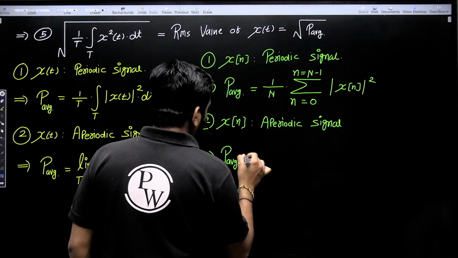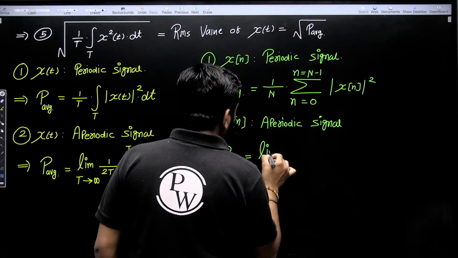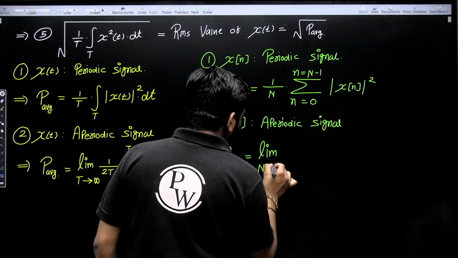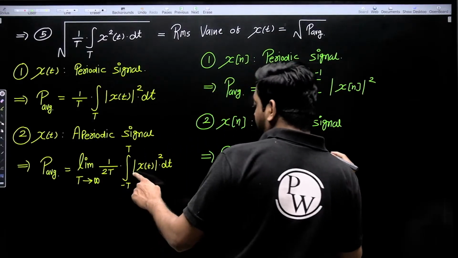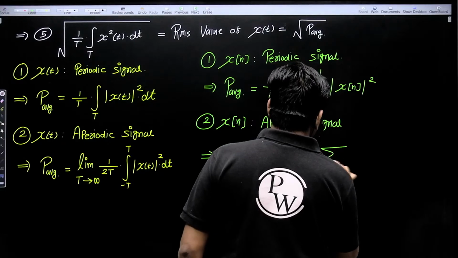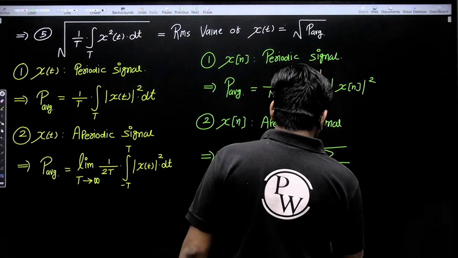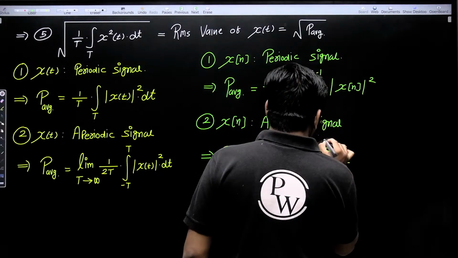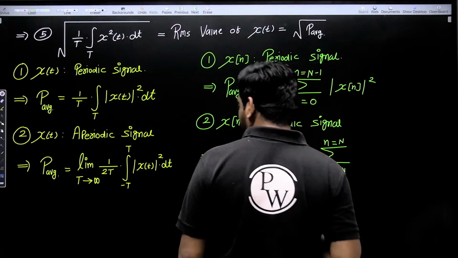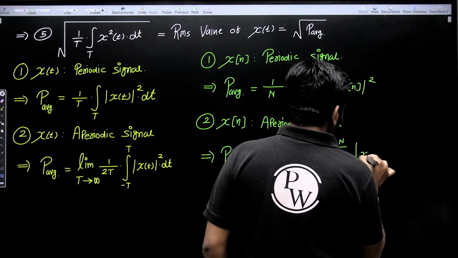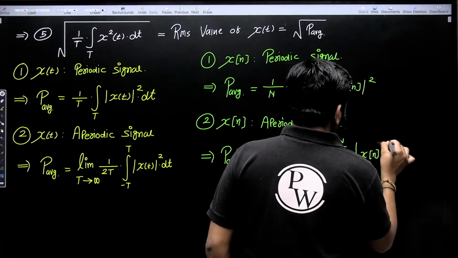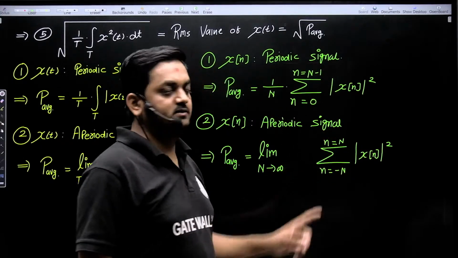So that's why average power is given by limit N tends to infinity. Now again, instead of integration, here summation, and instead of minus T to plus T, here it is minus N to plus N, mod x of n square.